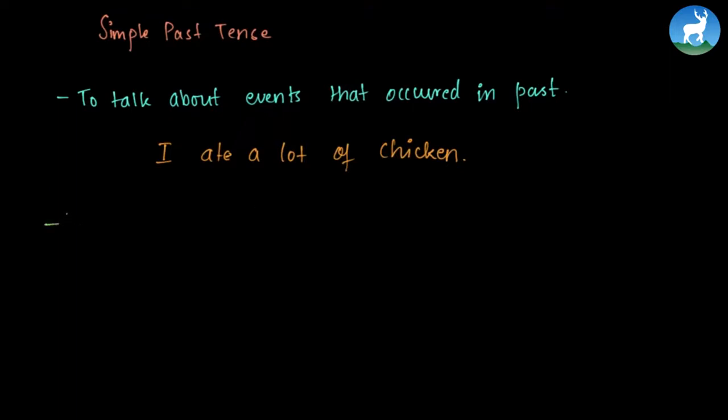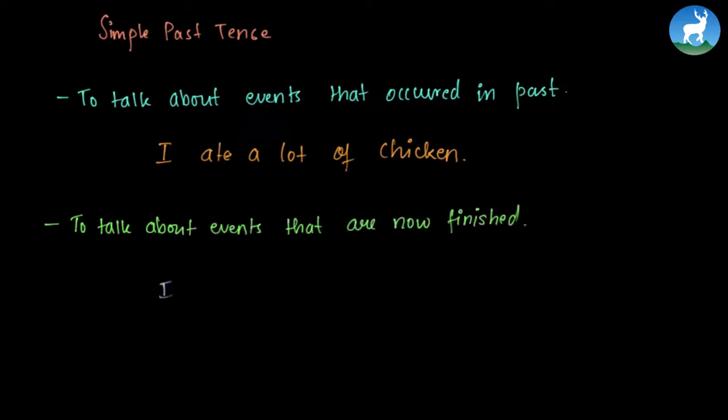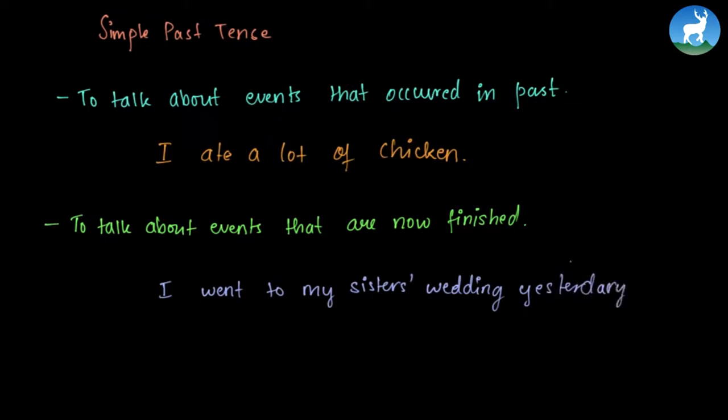Also, we use simple past tense to talk about events that are now finished. For example, I went to my sister's wedding yesterday. You went to your sister's marriage yesterday and it's over now.